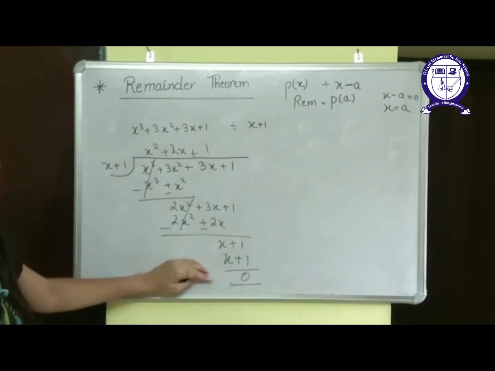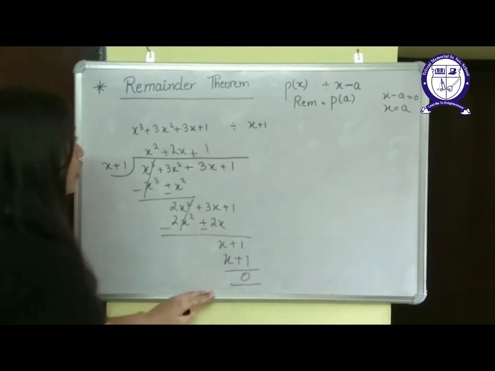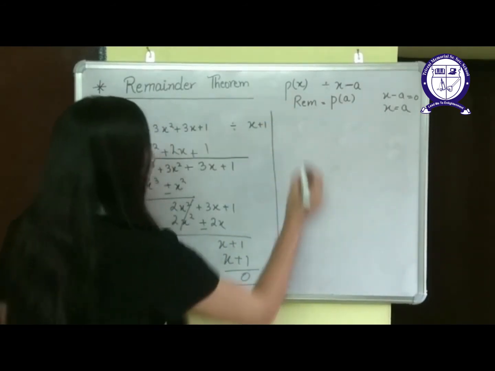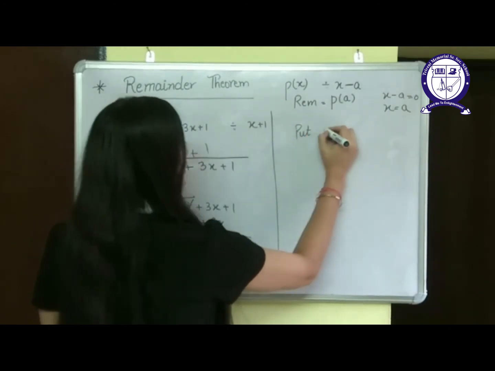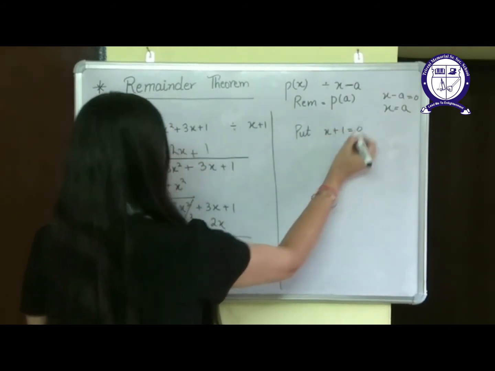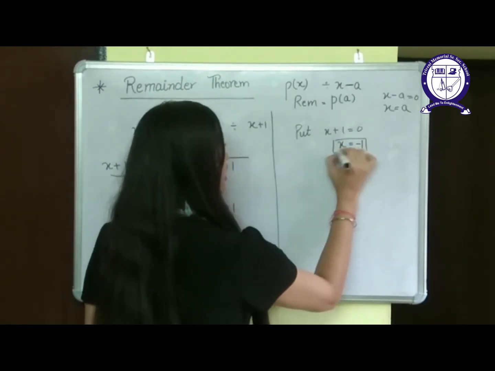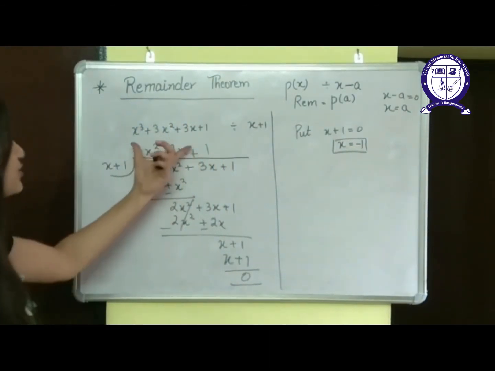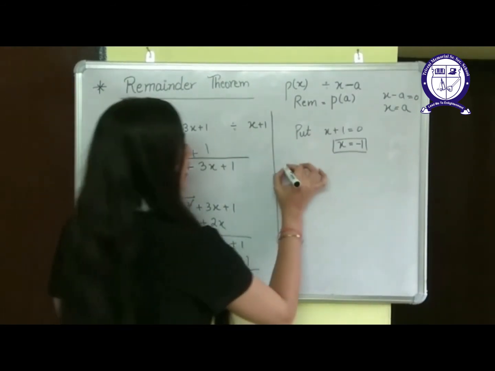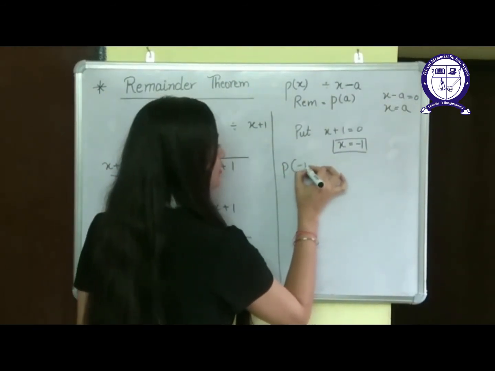Now I can also do this question by remainder theorem. What I am going to do is put x plus 1 equals to 0. So my x is equals to minus 1. Right? If this is my px, I am going to find p of minus 1.